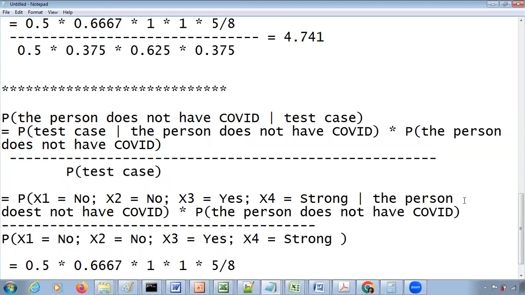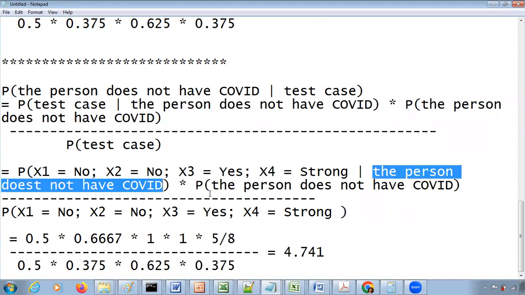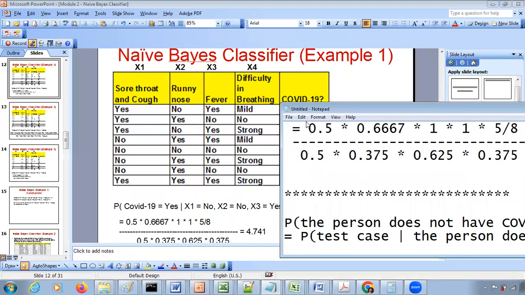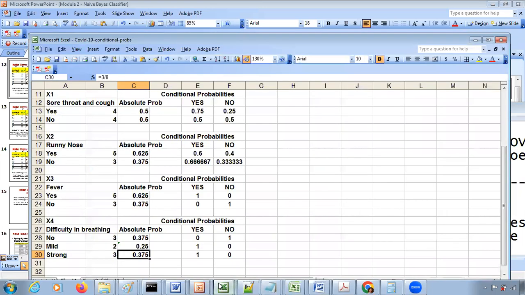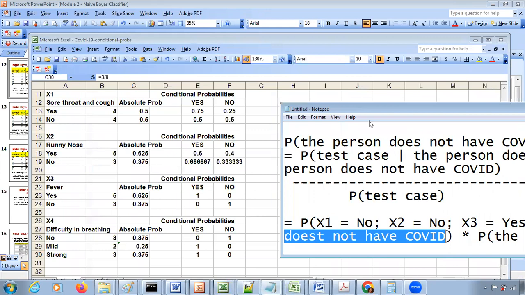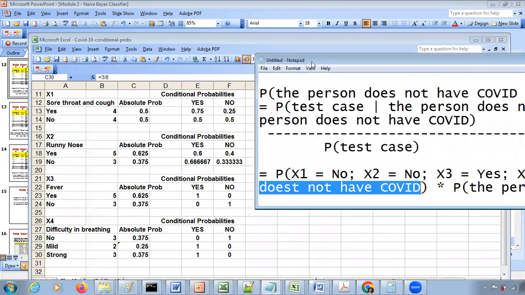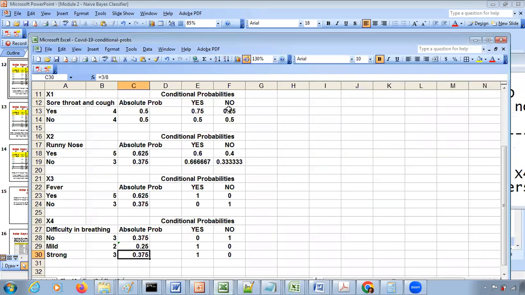Now the probability the person does not have COVID. So the class is no here. You have to go back to the conditional probabilities table and pick up the numbers for the class being no. What's the probability for x1 equals no as well?